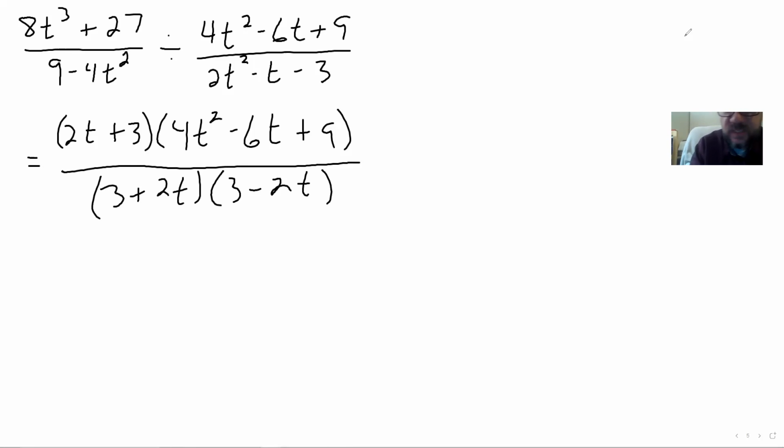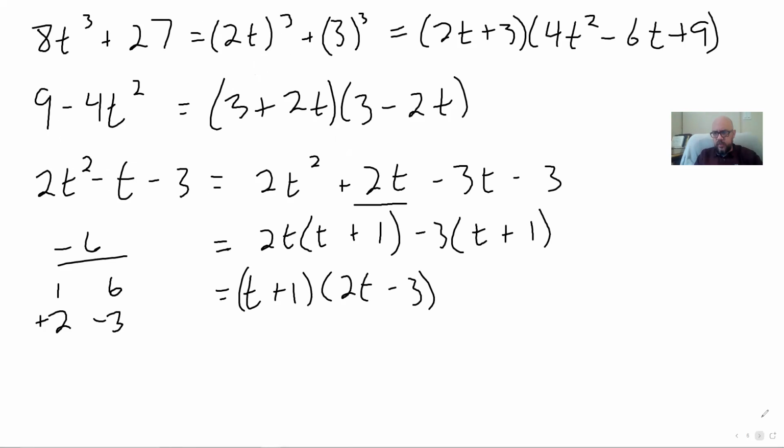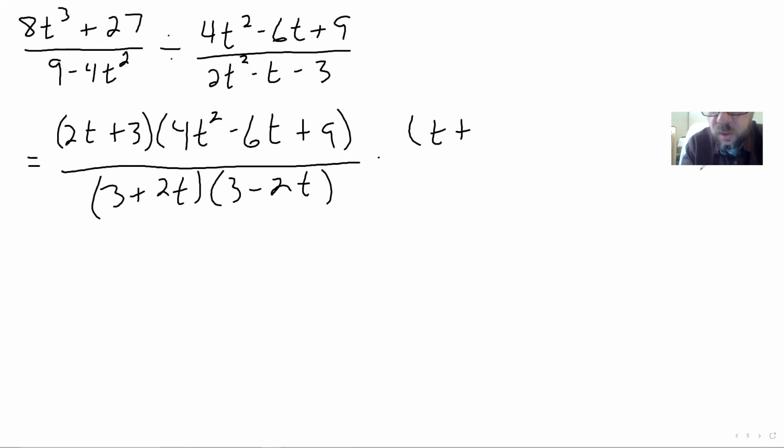And that's going to be times, I know it's divided by, but remember I'm flipping. So it's going to be times, I forgot what that was, it was t minus 3 times 2t, t plus 1 times 2t minus 3, okay. Times t plus 1 times 2t minus 3. And notice that I have flipped it.